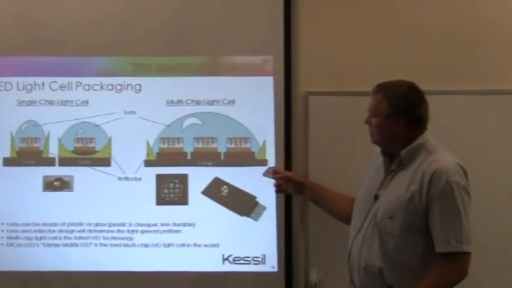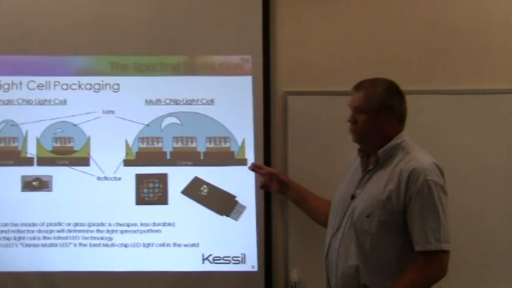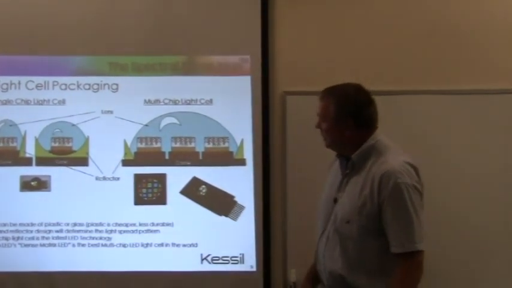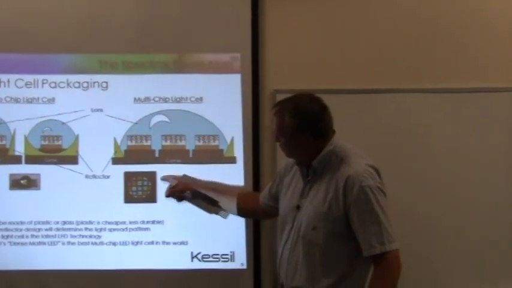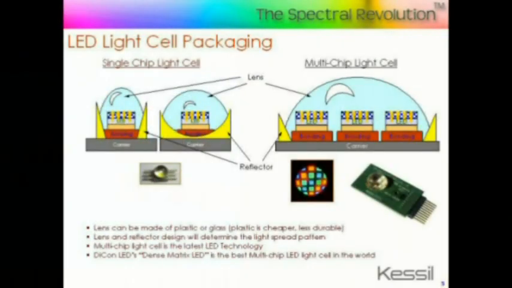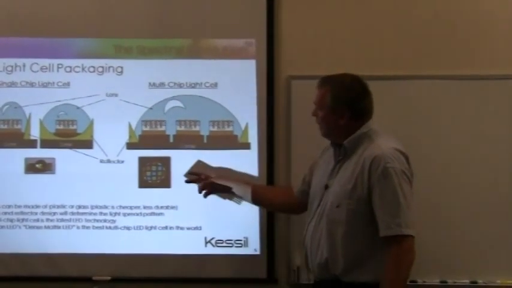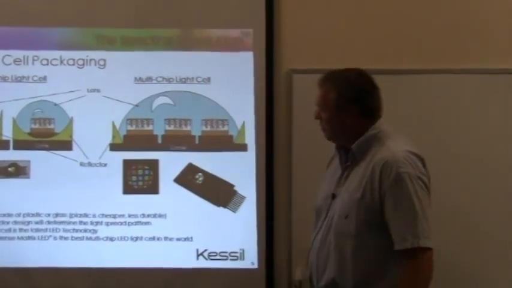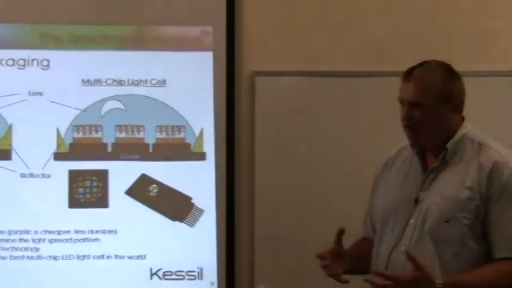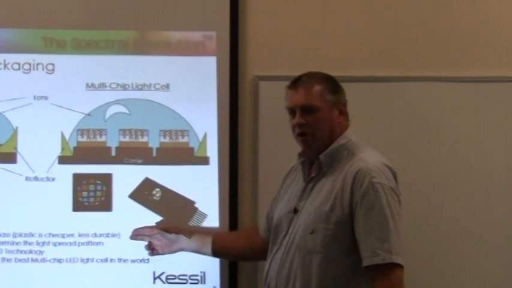DiCon LED takes a different approach. We put large numbers of individual high brightness LED chips in a very densely packed array of chips. This shows a close-up of an array made up of red, green, and blue high brightness LED chips. 21 chips in all. And those are packaged under a single lens. Because we're using only one lens for a collection of 21 chips, we essentially can afford to make it out of a better material.